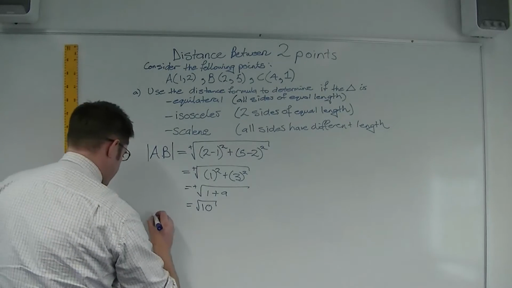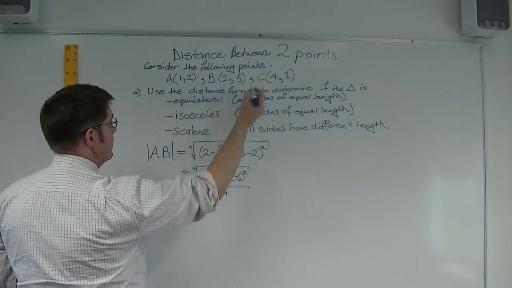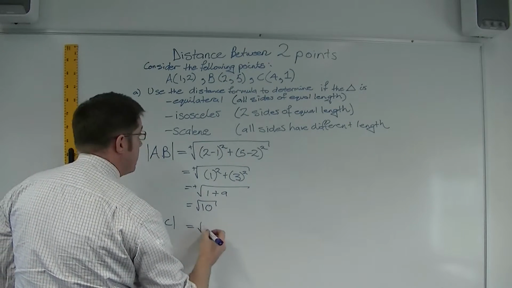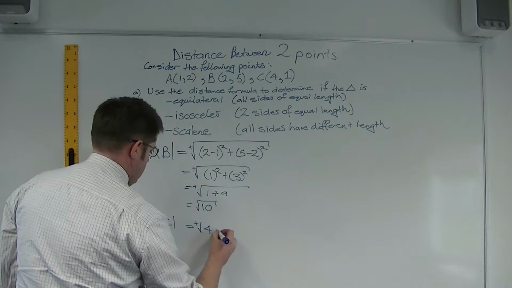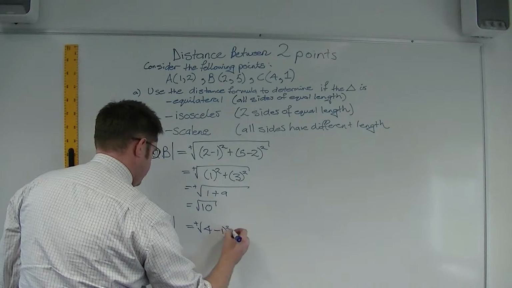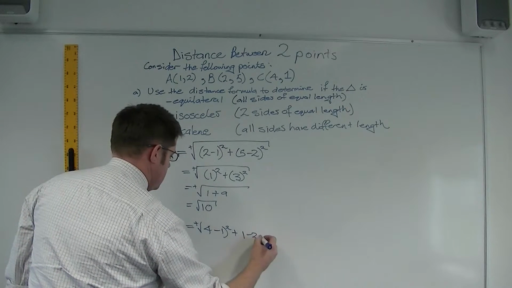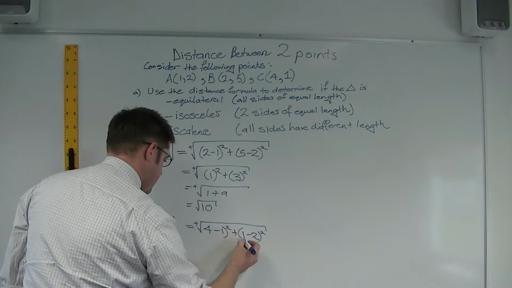Now, we can also find the length between points A and C. So this time we'll take C as being the second point. So I'll have the positive square root of (4 minus 1) squared plus (1 minus 2) squared. Take the positive square root of everything.